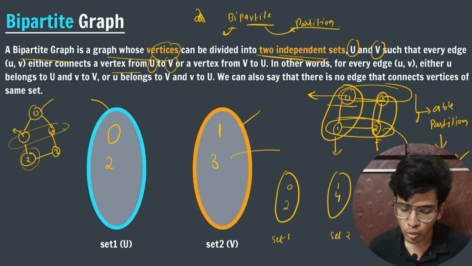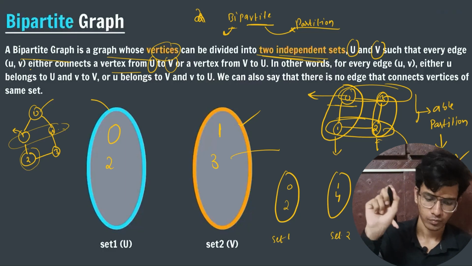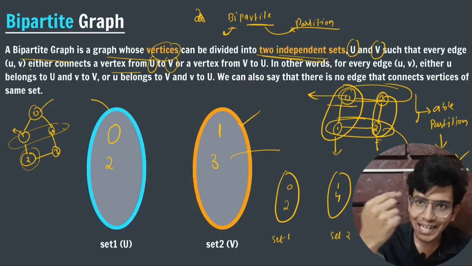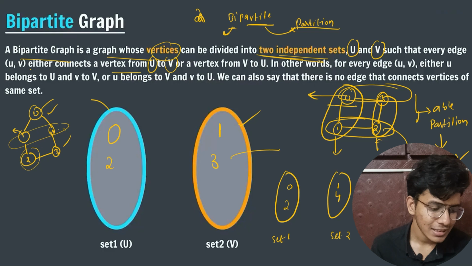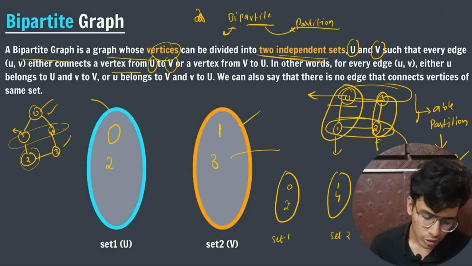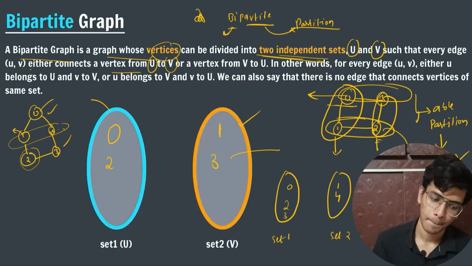So I will add 2 and 0 in my set 1. Now for 4, if 4 is in set 2, then I should add the adjacent nodes, which are 0 and 3, in set 1. So 0 is already there in set 1, then I will add 3 in my set 1.